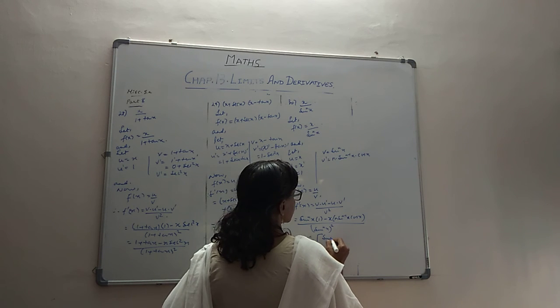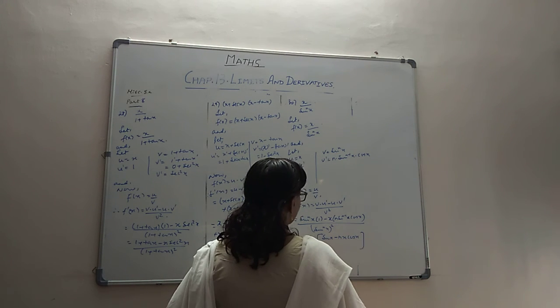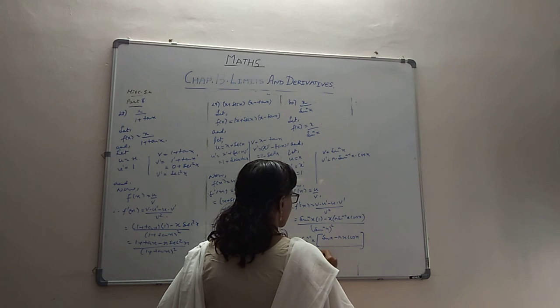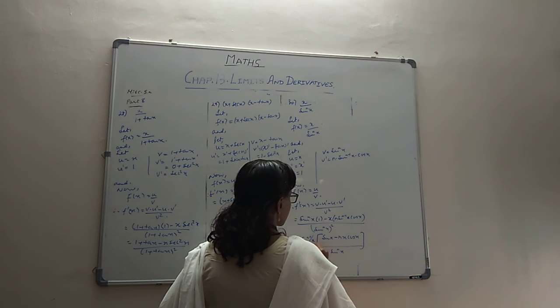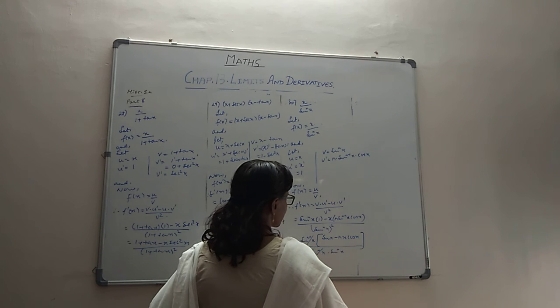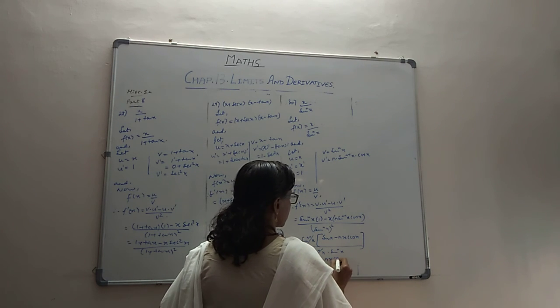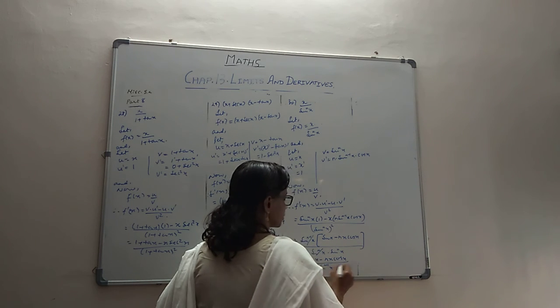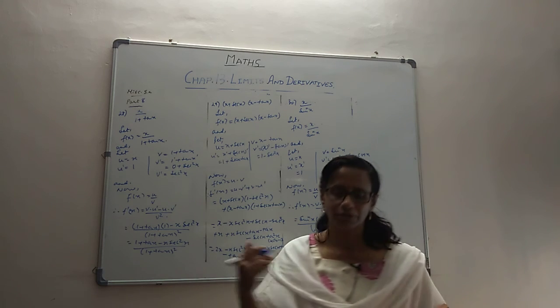You are left with sin x here, and you are left with n x cos x here. And you could have sine raised to n x into sine raised to n x, because it's a square. So this can get cancelled, and one sine raised to n will be left. So overall it will be sin x minus n x cos x by sine raised to n plus 1 x, probably. Yeah. So that's how you get it simplified.